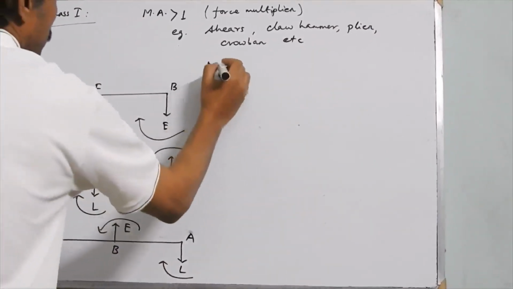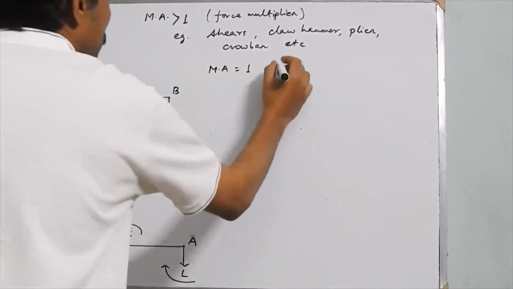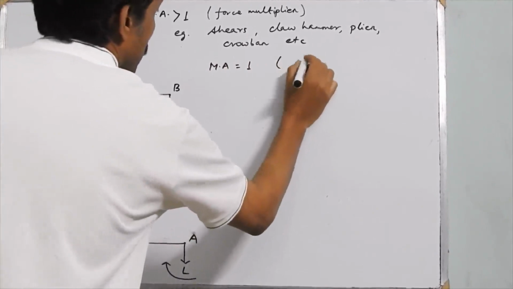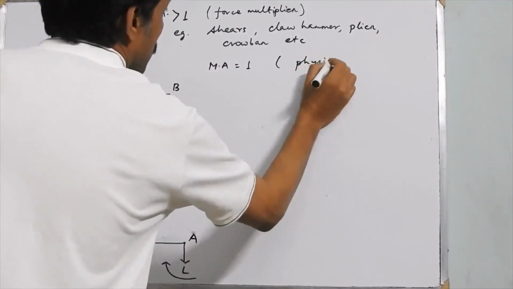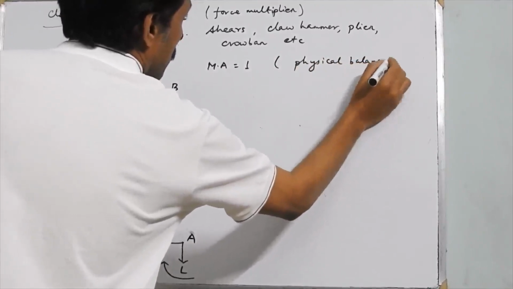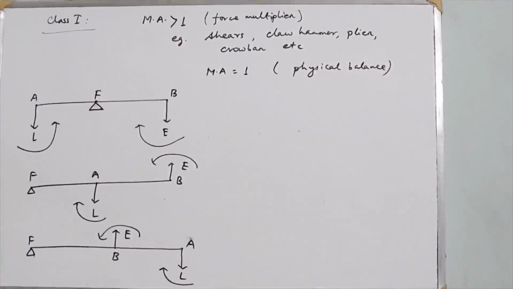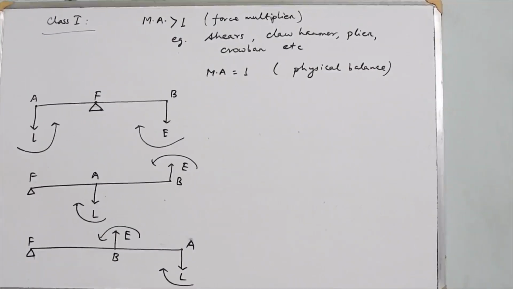For mechanical advantage equal to 1, the best example is the physical balance. The physical balance is a device which is definitely a class 1 lever and its mechanical advantage is equal to 1.